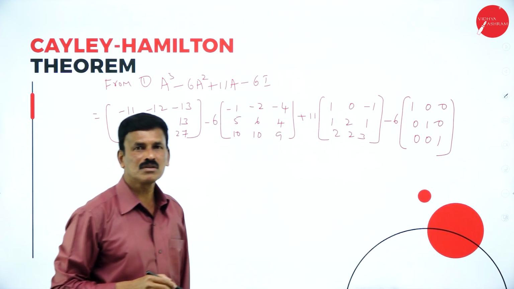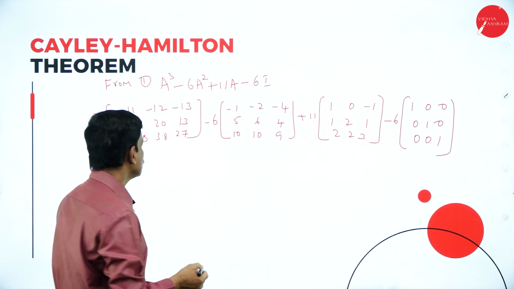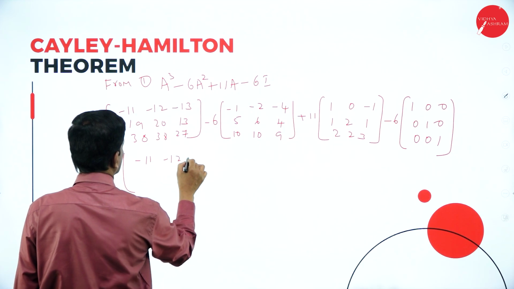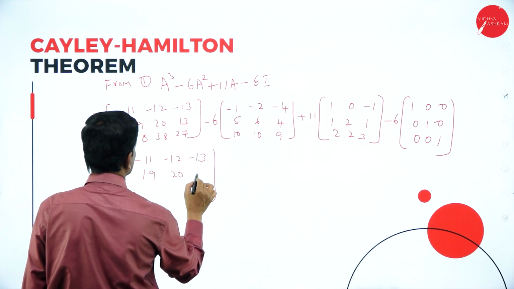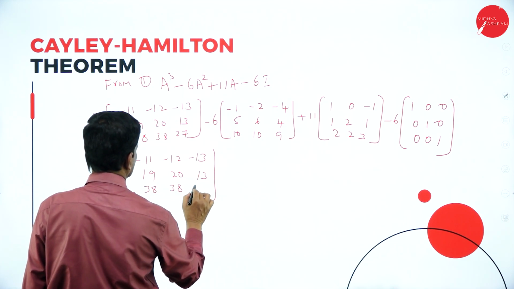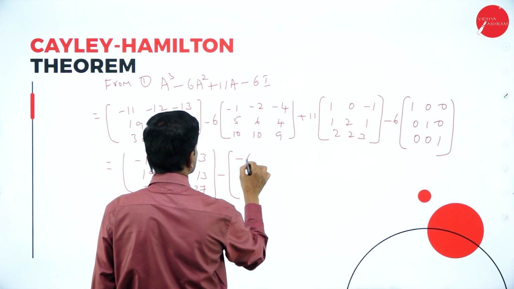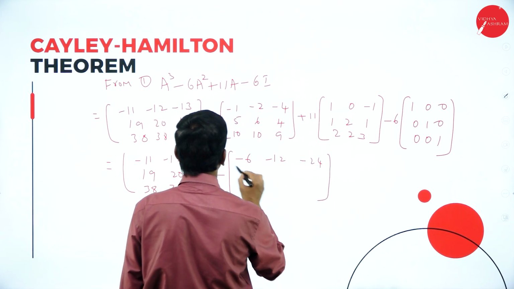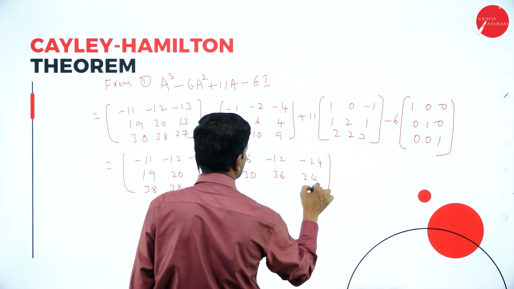So if this is equal to 0, then Cayley-Hamilton theorem is satisfied. Now that is equal to, just keep this, minus 11, minus 12, minus 13; 19, 20 and 13; 38, 38 and 27. Multiply by 6: 6 ones are 6, 6 twos are 12, 6 fours are 24, 6 fives are 30, 6 sixes are 36, 6 fours are 24.